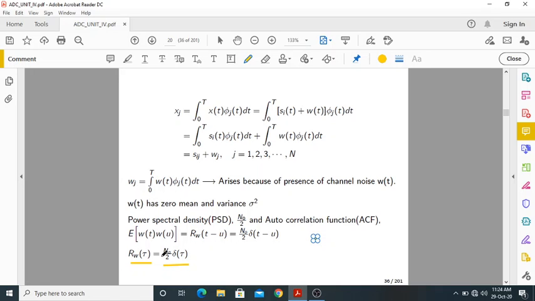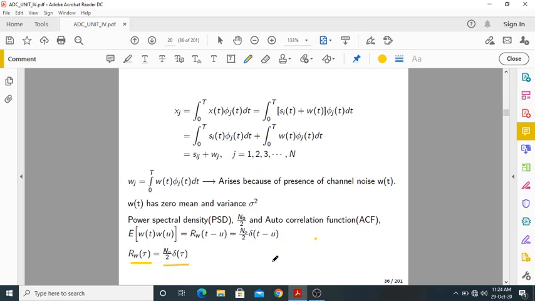What is meant by wide sense stationary? I have explained it in detail while discussing PTSP, so please go through it once. Here, the power spectral density of noise is N naught by 2 and the autocorrelation function of the noise is N naught by 2 delta of tau, or N naught by 2 delta of t minus u.